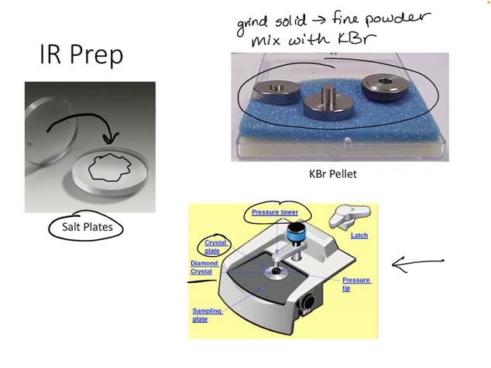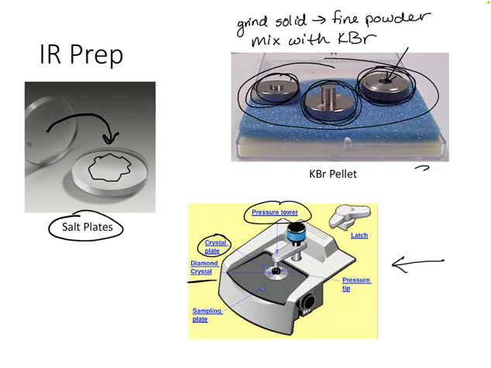And then you would place this disc on the right on top of this disc on the left, and then you'd put your solid in the middle with the KBr. Then you would place this last piece on top, and you would use a device to squish everything together, so you'd apply a lot of pressure, and that would create your potassium bromide pellet.